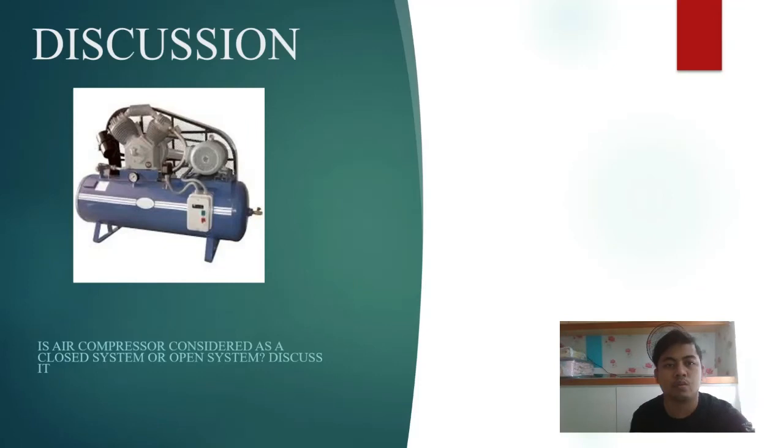Okay, next I will present about the discussion. The discussion is about whether the air compressor is considered a closed system or an open system. The compressor is considered an open system because there is no addition or reduction on it.